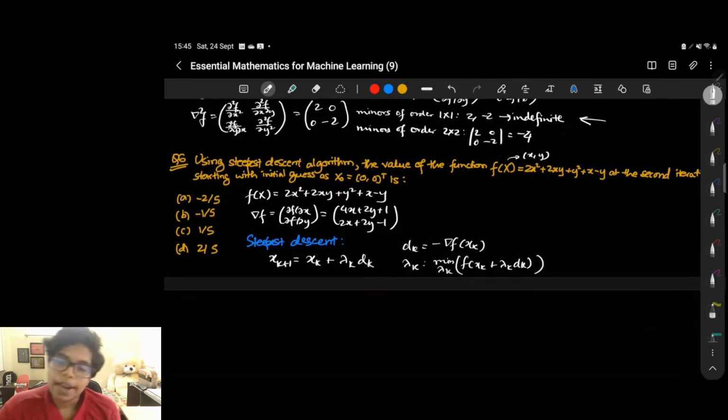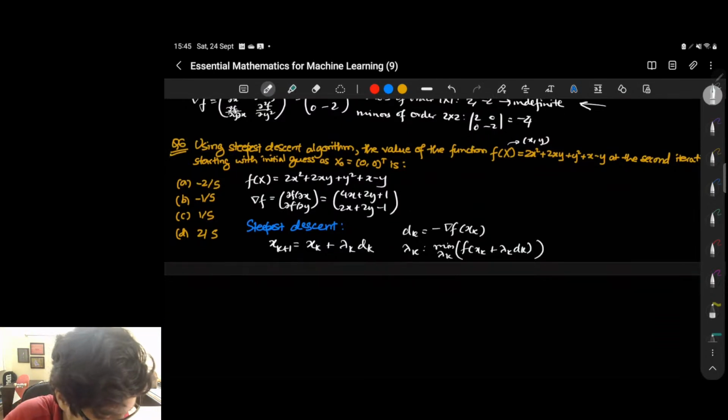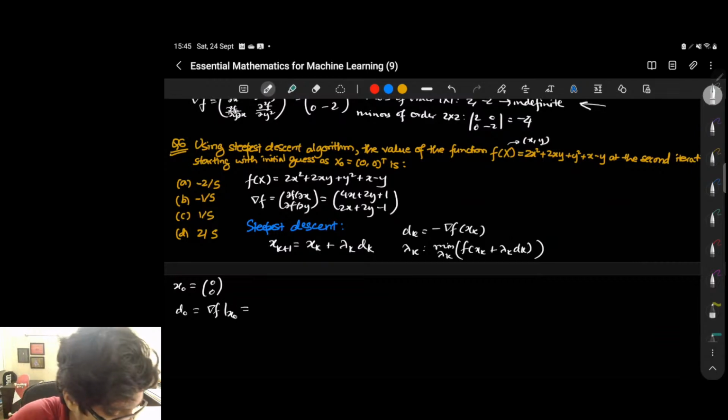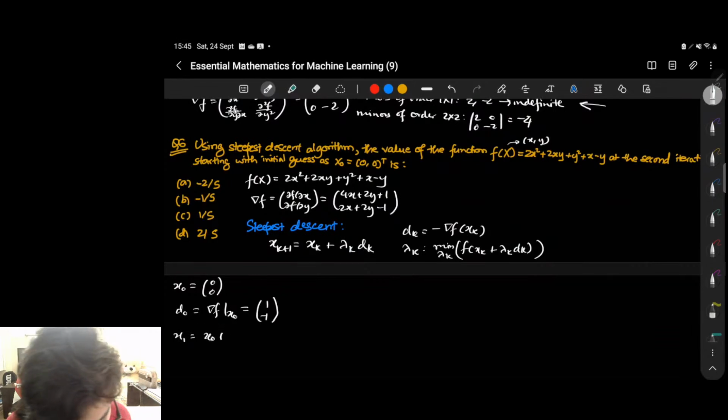So this is how you find lambda k and dk. So let us apply this algorithm. This is our initial point x naught. So d naught is the negative gradient of f at x naught, which is 1 and negative 1. So x1 is x naught plus lambda naught d naught.